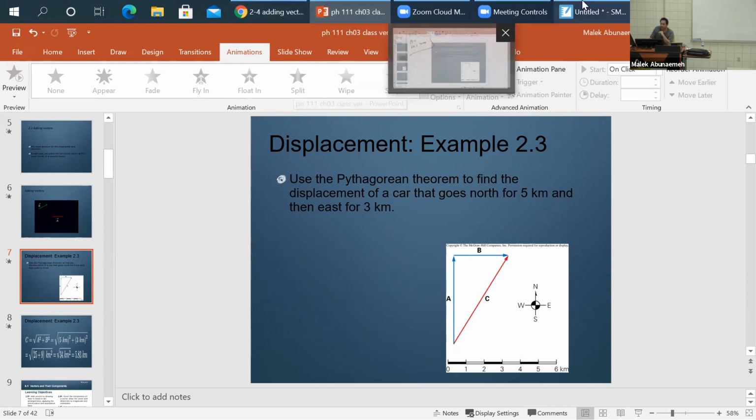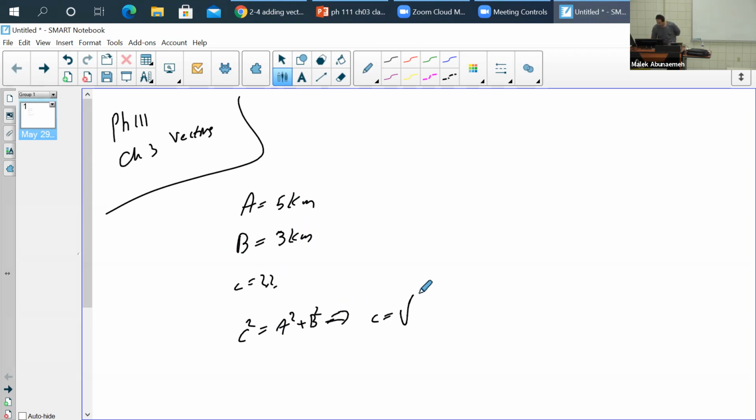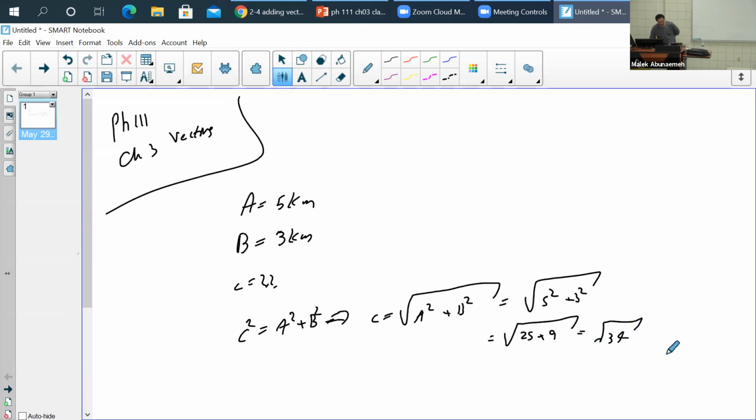So let's go ahead. In this matter, your A is 5 kilometers, and your B is 3 kilometers. We're looking for your C vector. So your C squared is going to equal your A squared plus B squared, so C is going to equal the square root of A squared plus B squared, which is 5 squared plus 3 squared. 5 squared is 25, 3 squared is 9, and you're going to get the square root of 34.